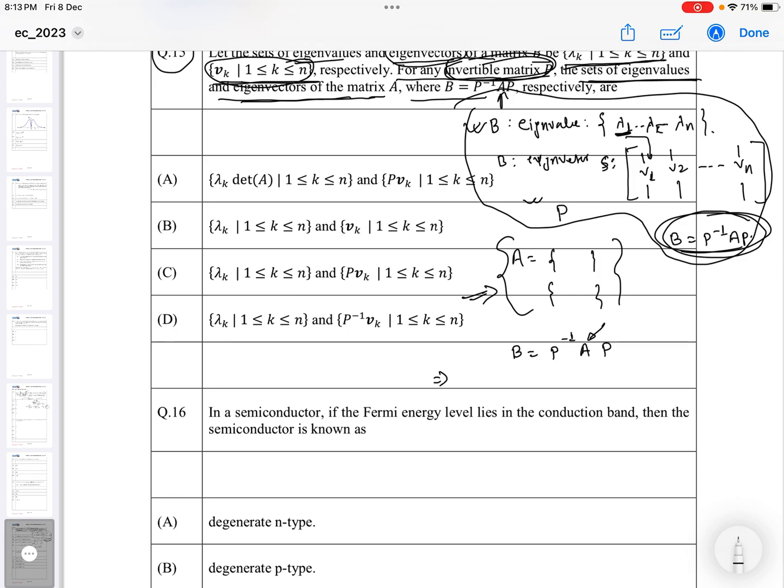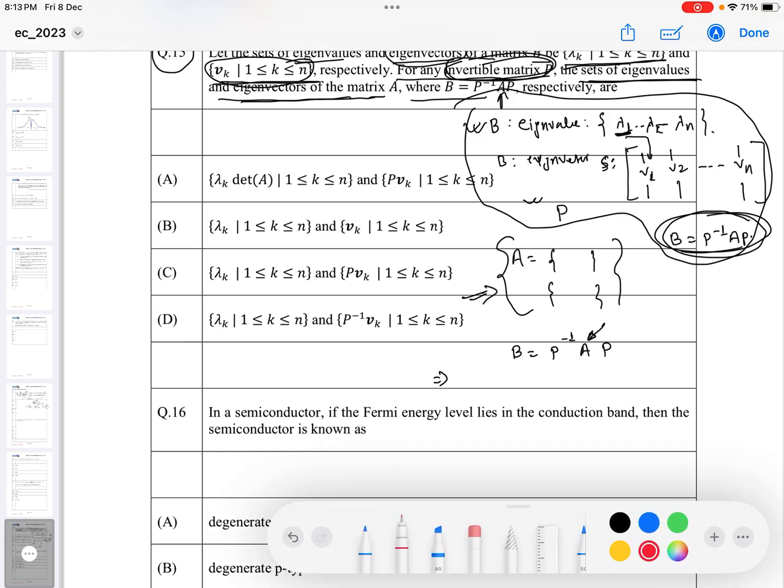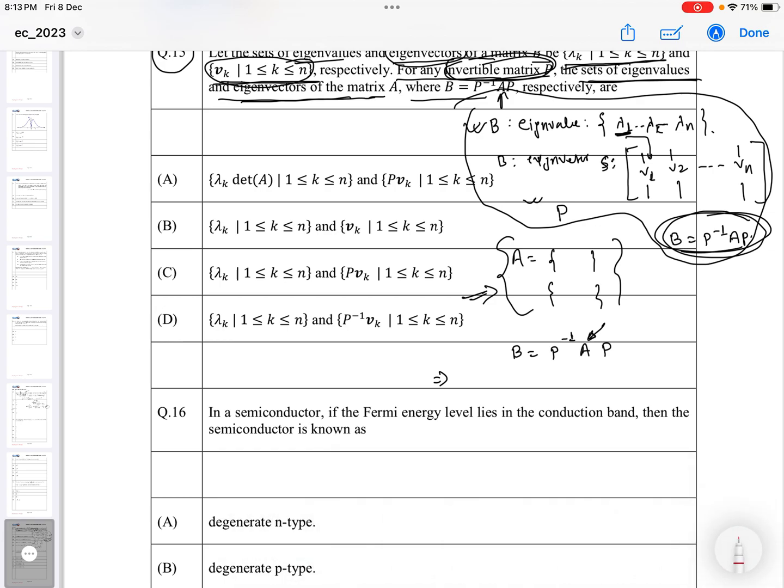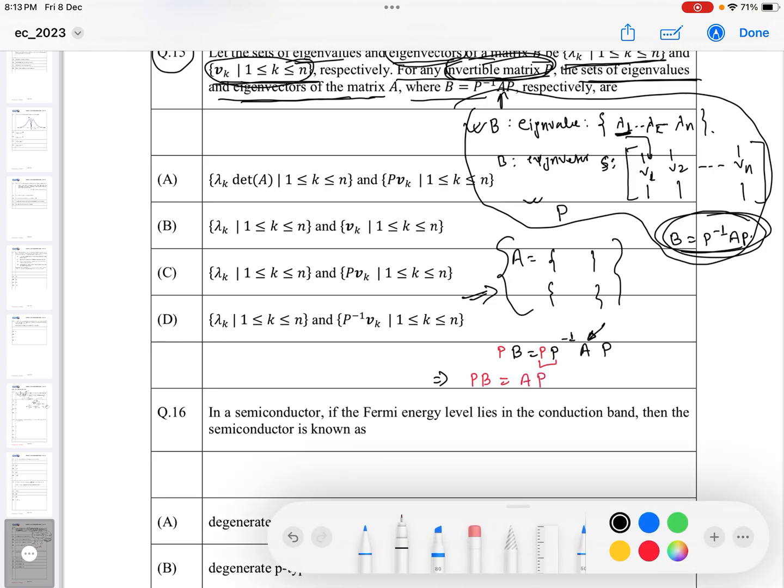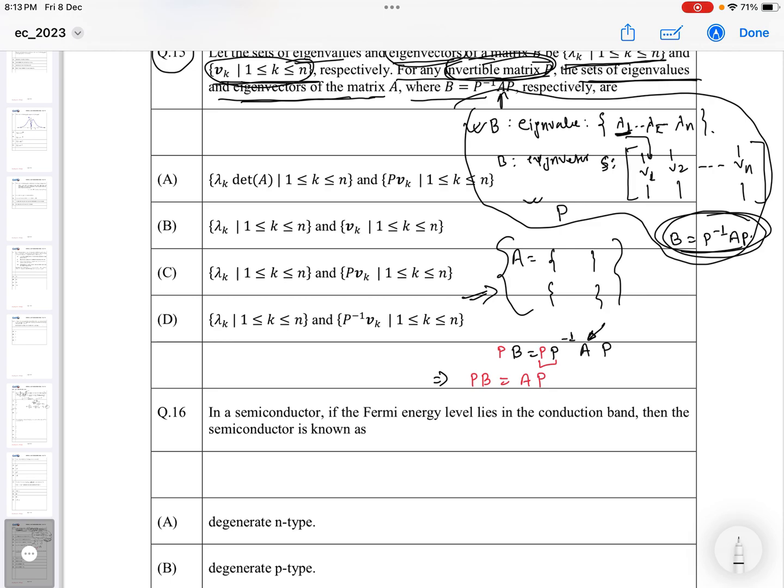So let me isolate A so that we have some info about A. We can multiply both sides by P, so here we will have PB is equal to identity times A P, that is A P. Now to isolate A, we multiply both sides by P inverse.